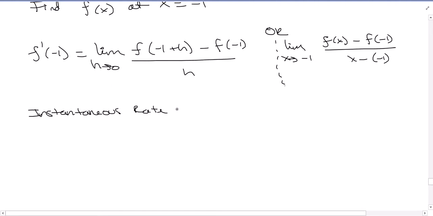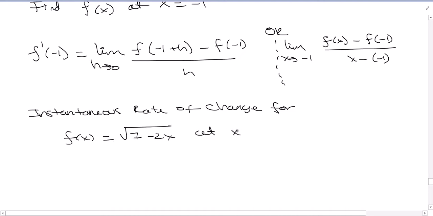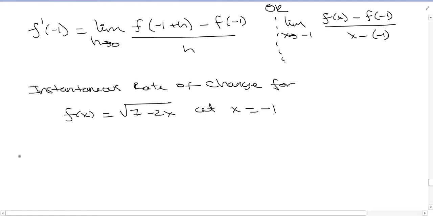So the instantaneous rate of change for this particular function, what was our function? f of x equals the square root of 7 minus 2x at x equals -1 will be, choose one of those definitions. And so I'm going to choose the first one.